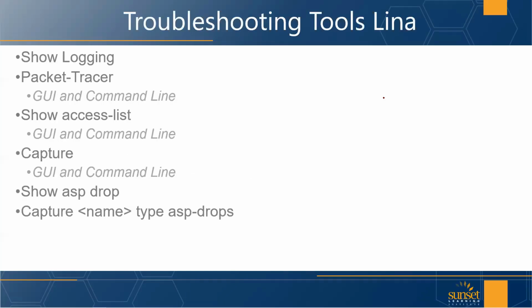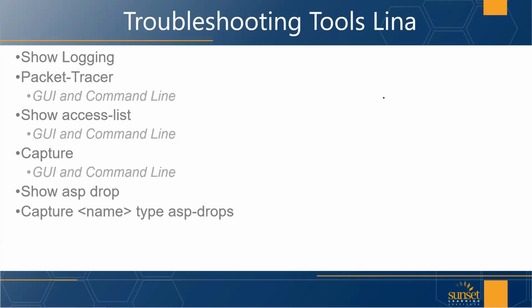Now, troubleshooting, we have two types of troubleshooting here because, again, in the next generation firewall, we have the Lina plane, which stands for Linux on ASA, and we have the SNORT plane. So the Lina plane, again, show logging, packet tracer.